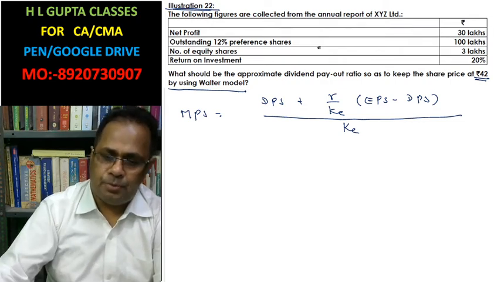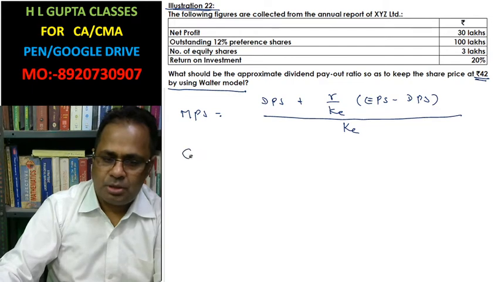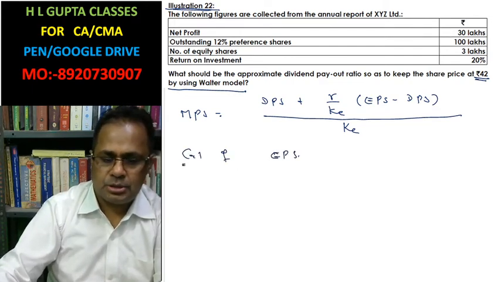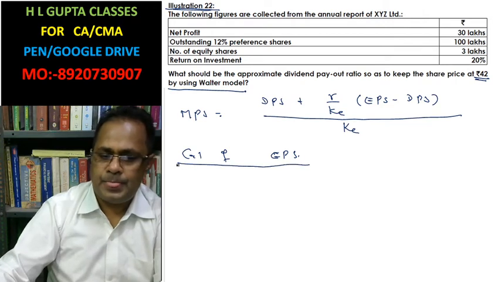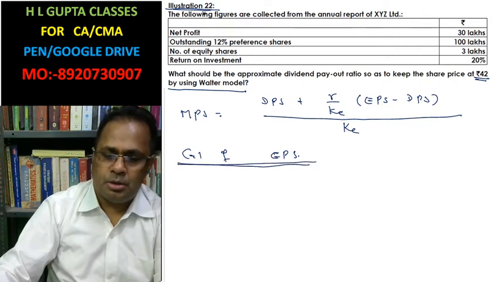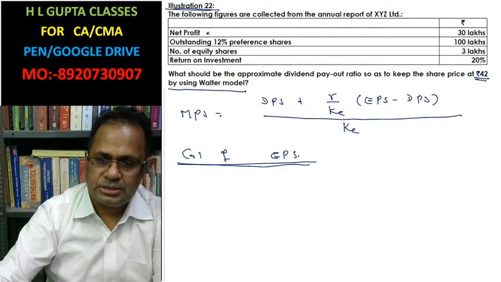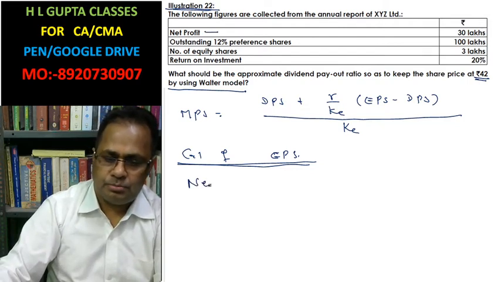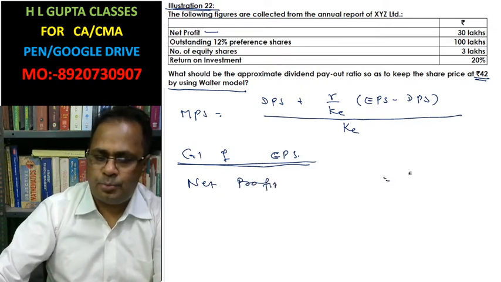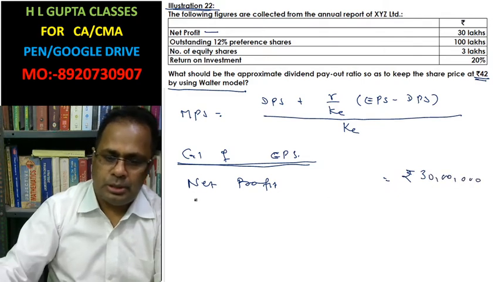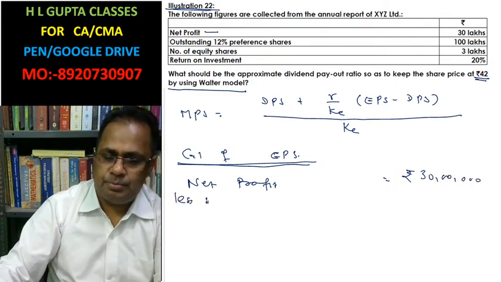Okay, now calculation of EPS, earning per share. Earning per share: it is given net profit rupees 30 lakh, less preference dividend.